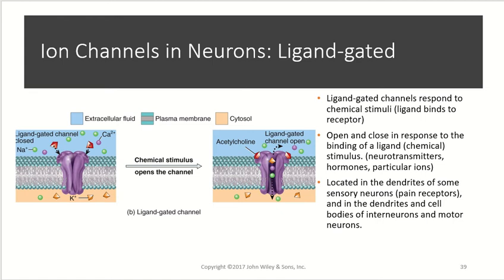These chemical stimuli, these ligands, can be anything from neurotransmitters to hormones and even other ions. Ligand-gated ion channels are going to be located in the dendrites of some of the sensory neurons, for example, in pain receptors. And they're also going to be in the dendrites and cell bodies of interneurons and motor neurons.